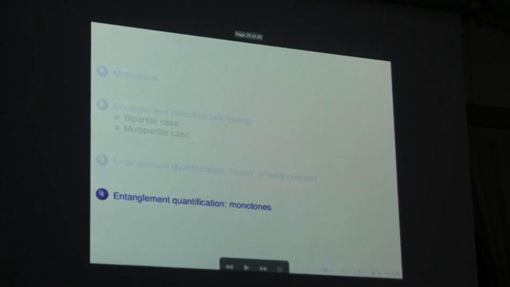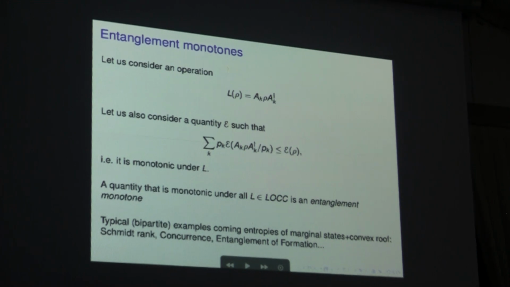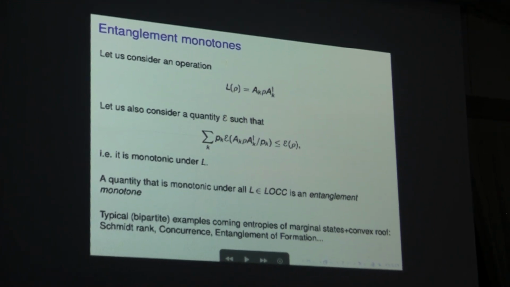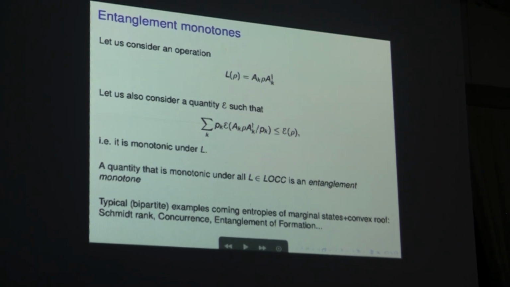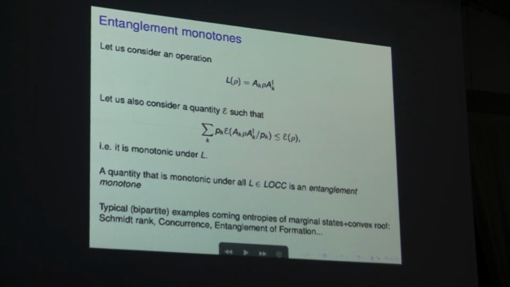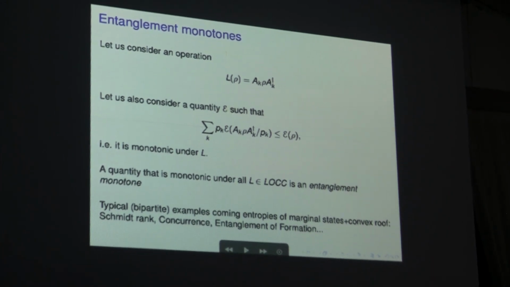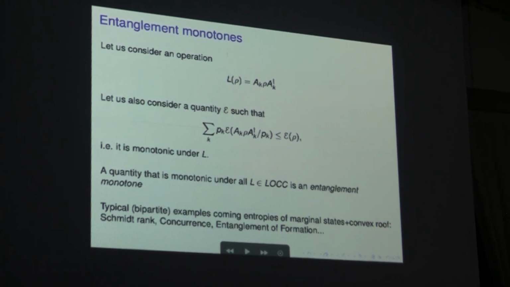So this was one way, and the other way is more like an operational framework, which is based on what is called an entanglement monotone, more or less similar to what Laura was talking about before. It's a general resource theory in which the operations are local operations that you can do on each particle, plus classical communication. This is called the local operations and classical communication paradigm.